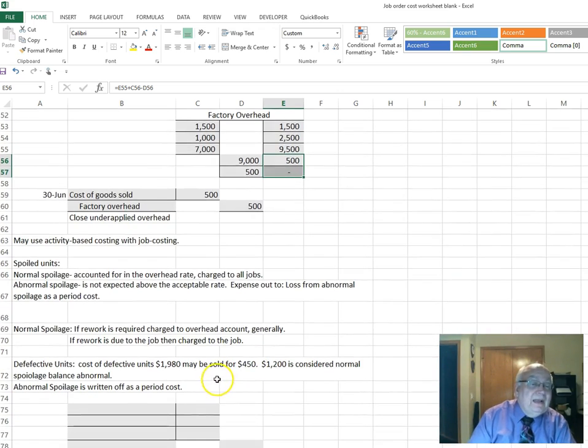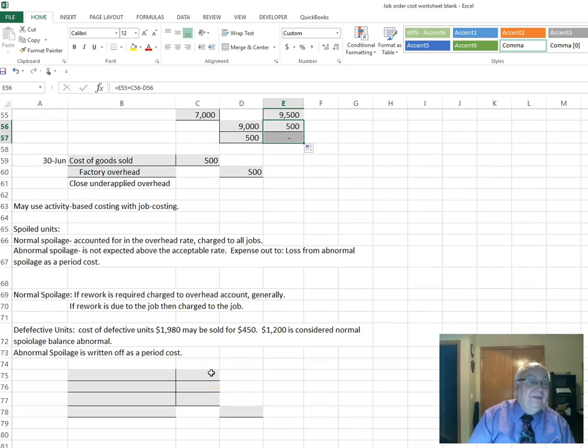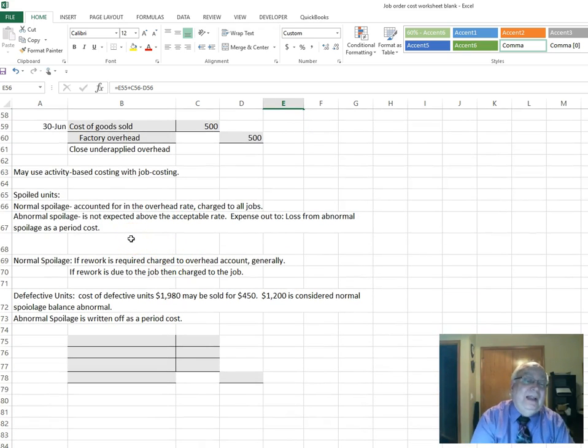Okay. Then the other thing is you can also use activity-based costing with this. I don't think we do too much with that, but you can. For spoiled units, normal spoilage is in the overhead rate already and it's charged to all the jobs.